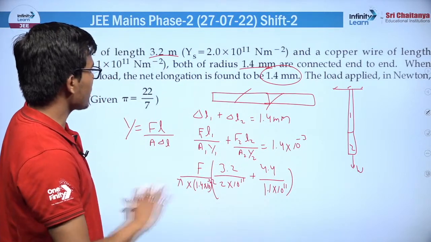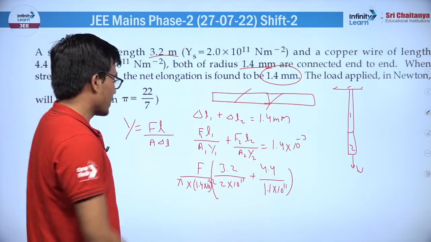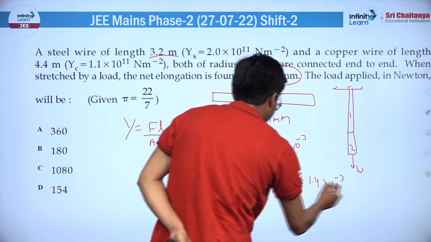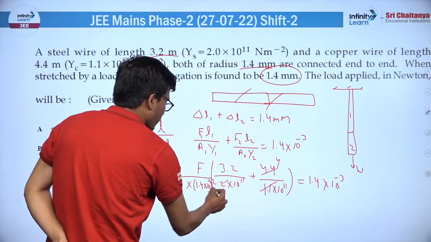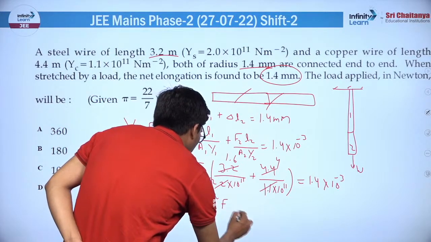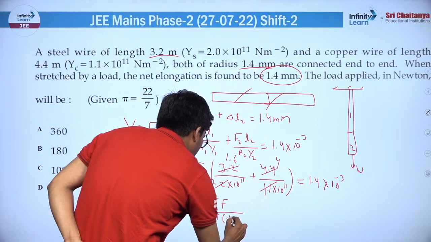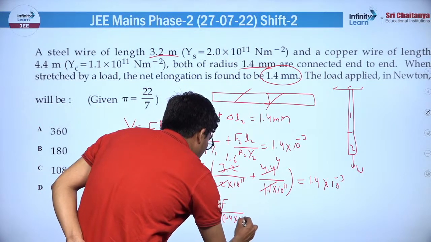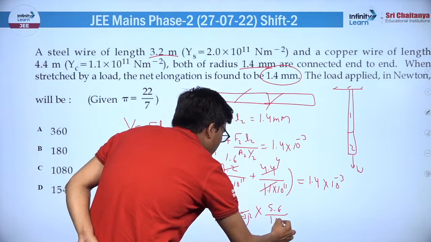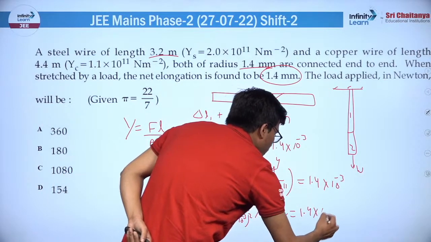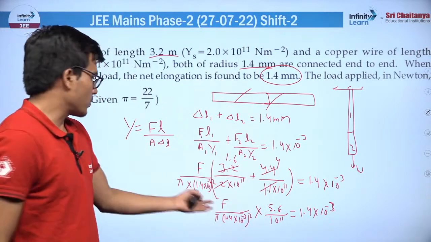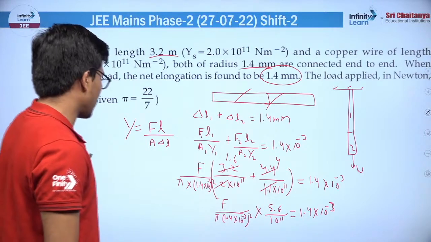Everything is fine. Now we will solve this equation and find the value of F. You can see this is getting cancelled by 4 times, this is getting cancelled by 1.6 times. So 4 upon pi, F upon pi into 1.4 into 10 to the power minus 3 to the whole square, into 5.6 upon 10 to the power 11, 1.4 into 10 to the power minus 3, right? So you can solve this equation and get the value of F also.